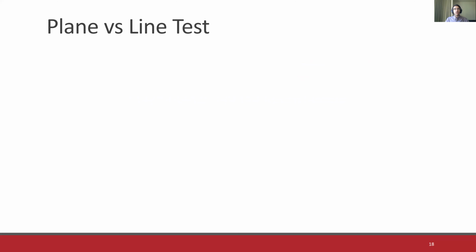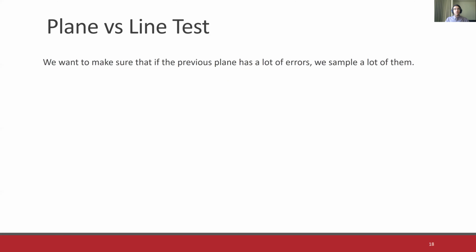Similarly, we can define the plane versus line test. The idea here is that we know that at each step of the algorithm, the planes intersect on lines. So we want to make sure that if one plane is heavily corrupted, then the next plane, which intersects with this plane on a line, sees a reasonable fraction of corruption.